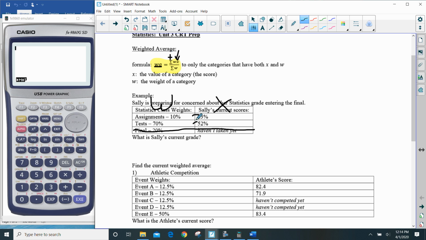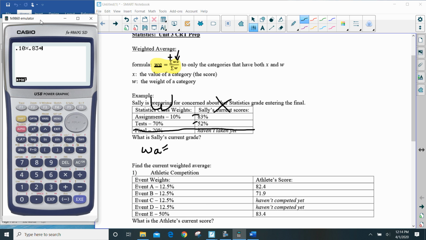So in this numerator, Sally's grade is going to be equal to the weight, which is 10%, times her score, which is 83%. So that's the first W times X. Now the summation is going to be an addition of all of the W times X's.